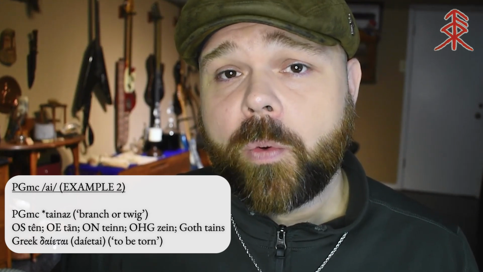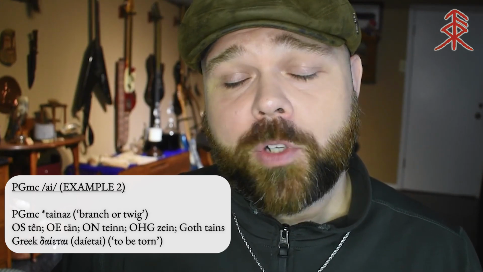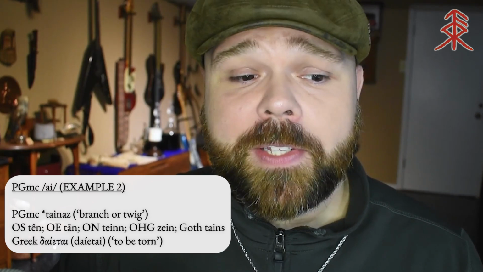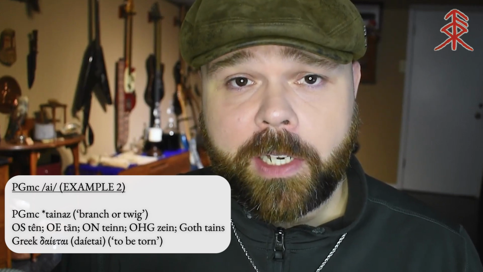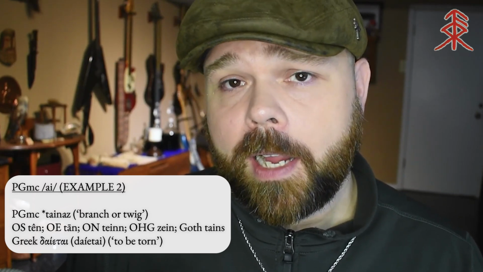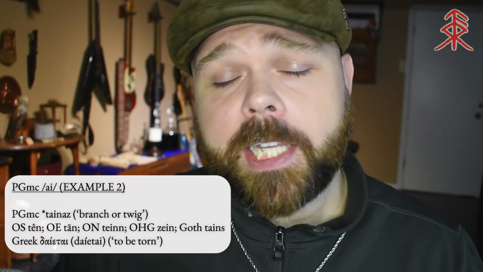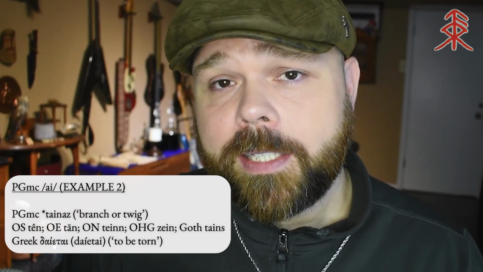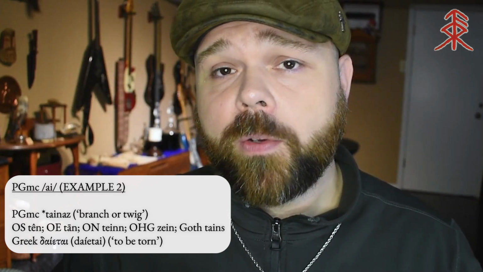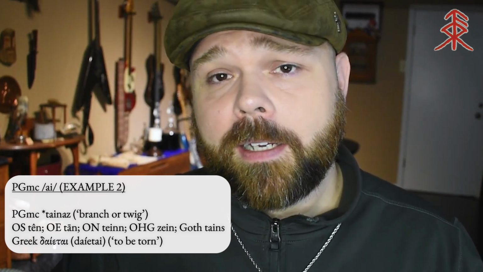We then see that Old Norse shifts to tain, which we would expect. After that, we see Old High German coming in from Proto-Germanic with sein, and then finally Gothic with tains. And of course, you can see this in the other Indo-European languages too, like Greek with daitai.